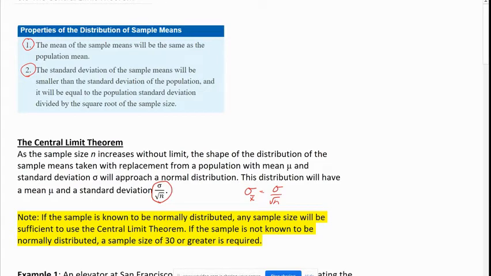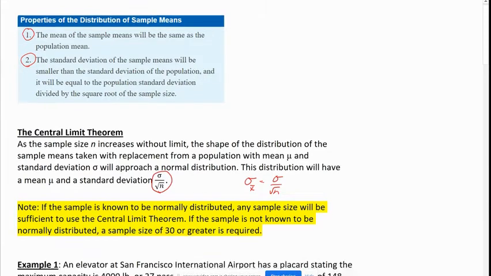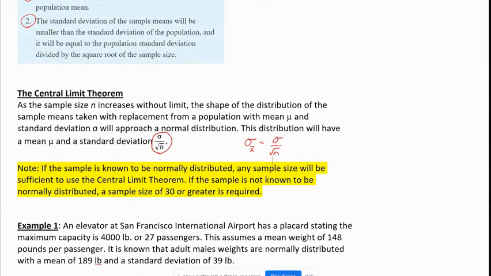What the central limit theorem is saying, which is the only theorem we're going to actually utilize in today's lesson, is that the means of all the samples that you take will be the same as the mean of the population, and the standard deviation will be equal to this quantity that I just showed right here.